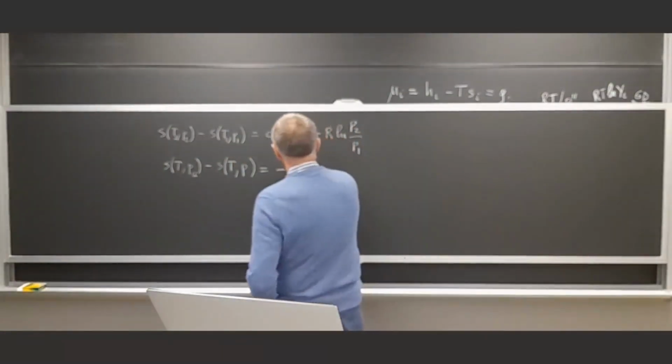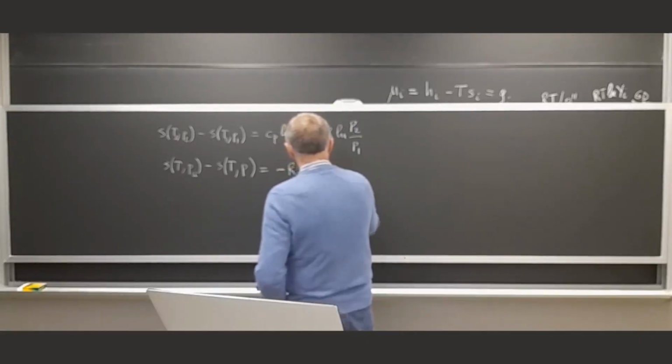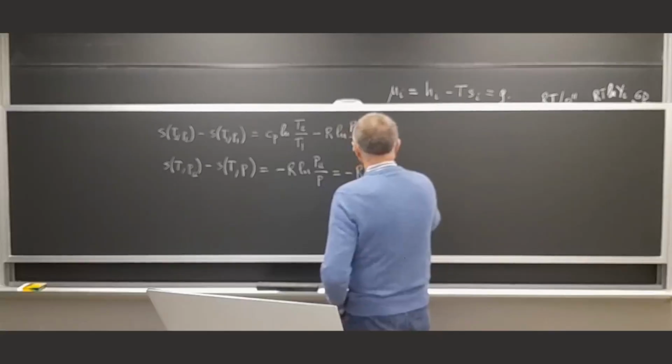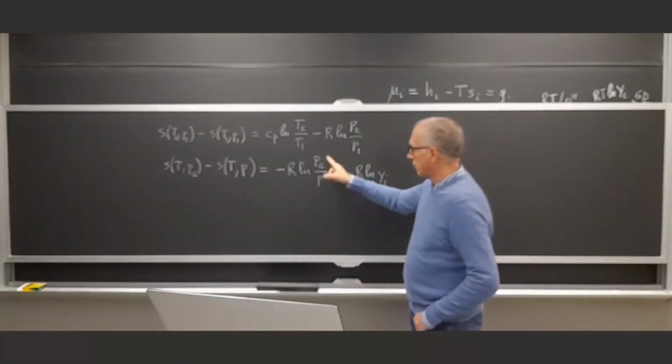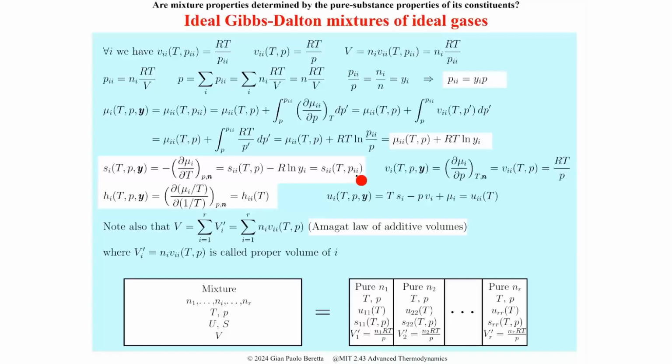So I'm left with minus R log of P_i over P, but that's in our limit of ideal mixture the mole fraction. Okay. So hopefully what I've written on the board is this relation here. That's to justify this equal sign.